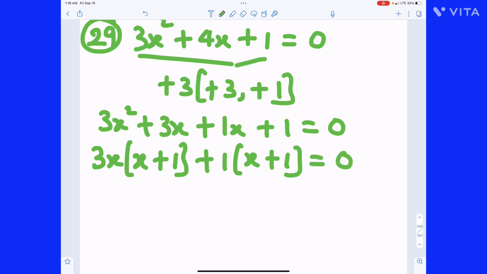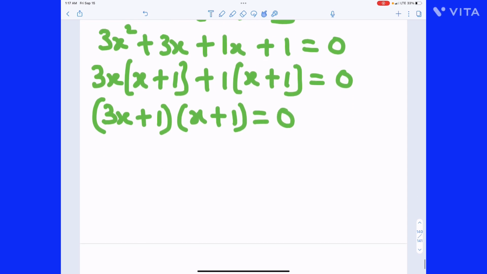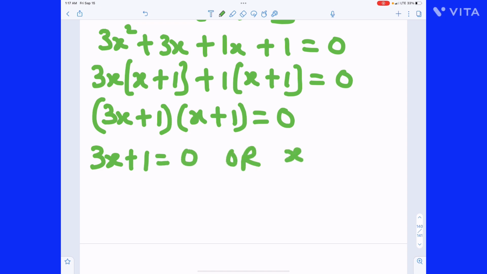This is going to give you 3x plus 1 times x plus 1 is equal to 0. So split this now. What do you get? 3x plus 1 is equal to 0, or x plus 1 is equal to 0.